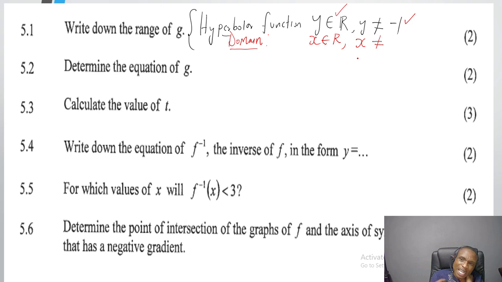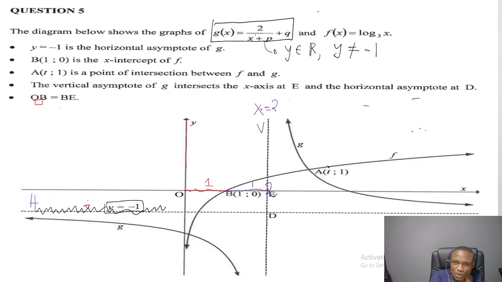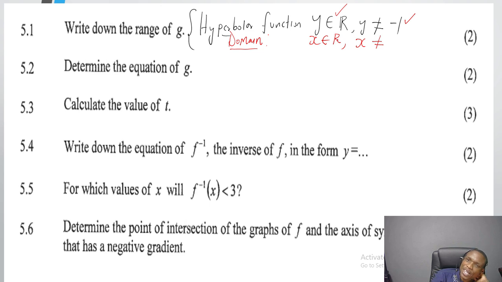So you have to know the x asymptote. In this case, the x asymptote, I said it is 2. The equation of this asymptote is x equals 2. So the domain is x can be any real number, but x should not be 2. Okay, let's go to the second question. Determine the equation of g.